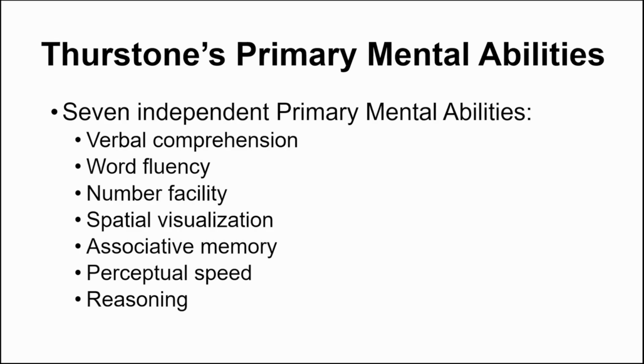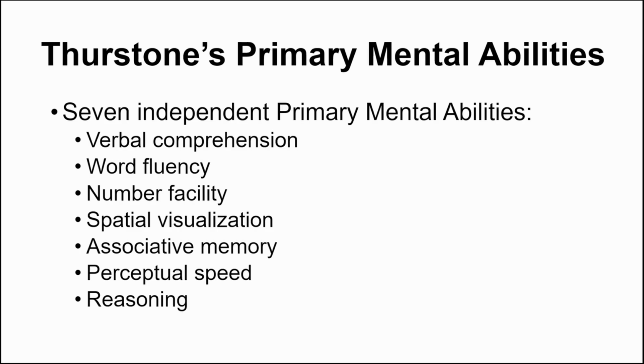These are what ended up becoming the middle-level abilities within that 3-level hierarchy. His breakdown was verbal comprehension, so how well you understand spoken things, and word fluency, how well you speak, that eloquence and fluidness in your speaking, which I always end up tripping over.